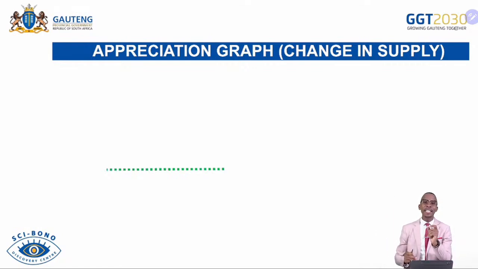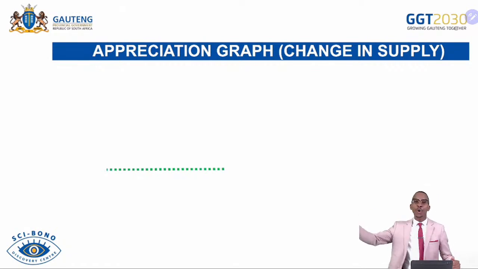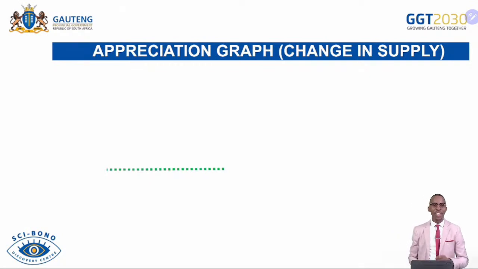So our rand will be sold at a lower amount as compared to the foreign currency. Let me correct that. We afford the foreign currency at a lower amount as the supply for local currency, the South African rand, increases or shifts to the right. That will lead to our currency appreciating.